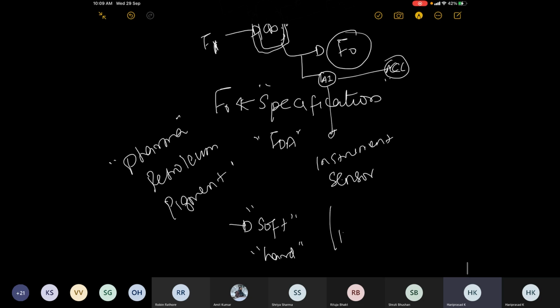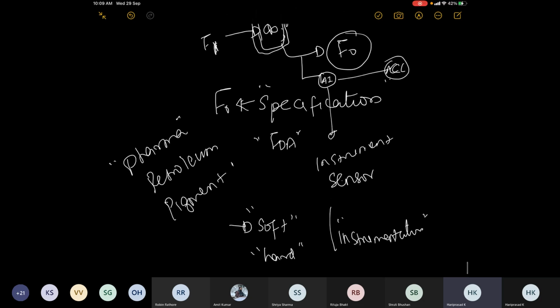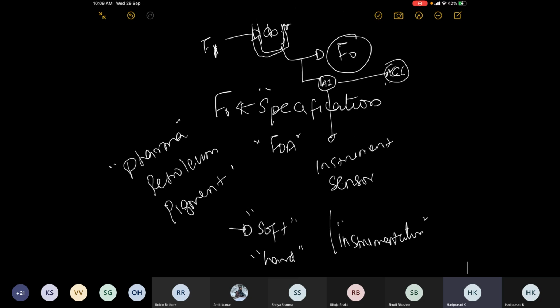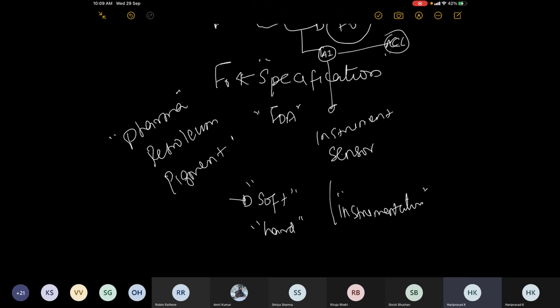See, we are talking about instrumentation here. So this is now slightly away from our chemical engineering domain, which essentially means that you are talking about sensors and signals. One option is to use a controller which is hard, which essentially means that it is a circuit board. It can be a chip, a circuit board which works based on certain actions, or it can be a soft controller.